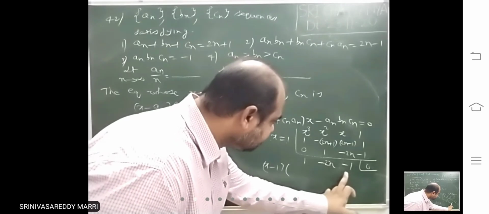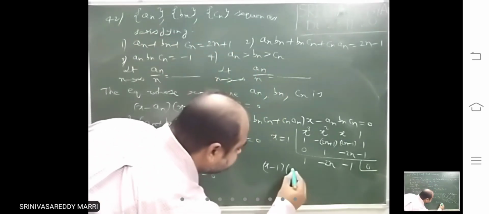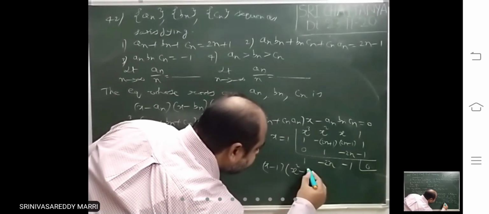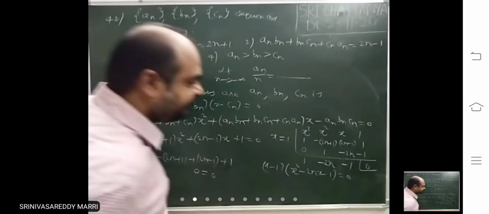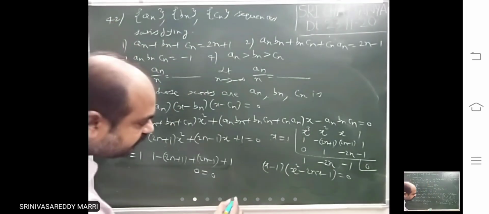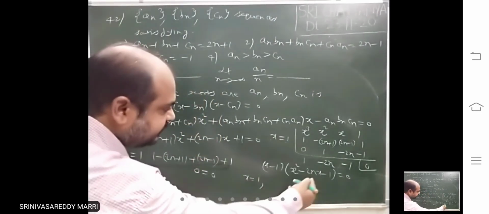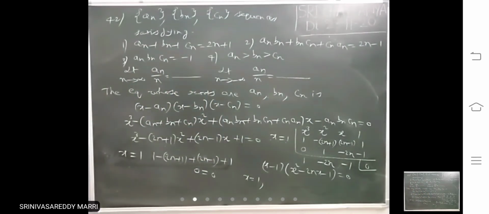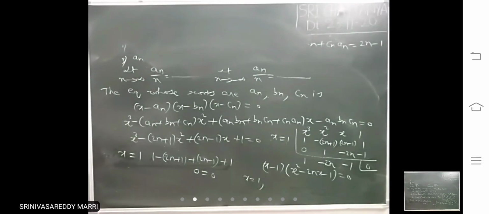Another factor is the quadratic equation, x square minus 2nx minus 1 equal to 0. That means for this equation you got one root x equal to 1, and solve this equation to get the other roots, because an, bn, cn are the 3 roots. So now I am solving the quadratic equation.